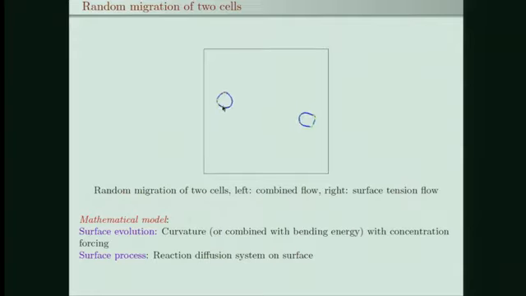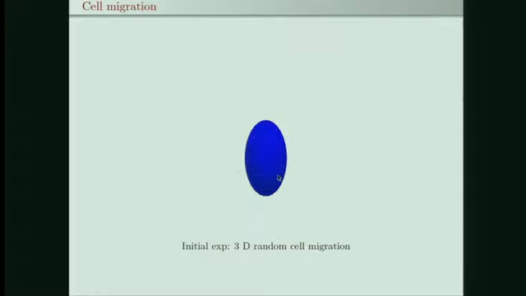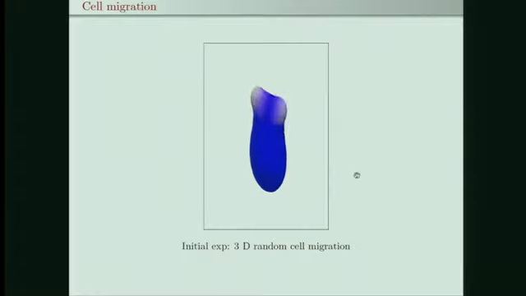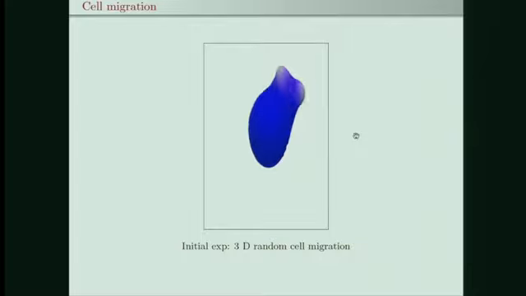The evolution equation for the surface in each one is different, but they're solving a parabolic system of reaction diffusion equations on that curve. And this is how it would look in three space dimensions, and the protrusions occur when one of the components of the solution of the reaction diffusion equation is large.